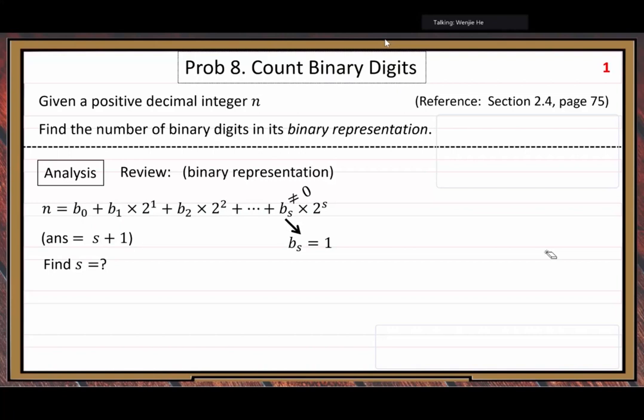So the next step is critical. How do you change the form? When you change the form, you need to take advantage of the structure of your data representation. You need to use the properties of the structure.